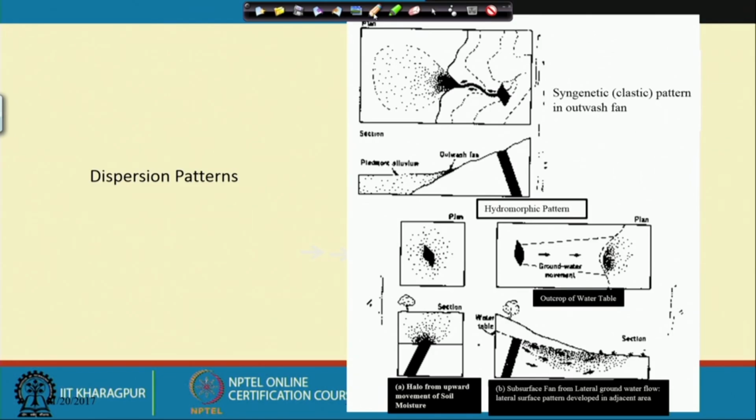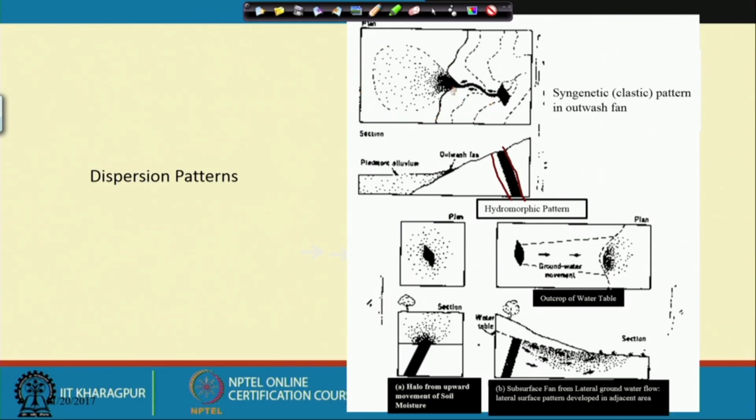In this particular figure, one is shown in plan view and the other in section. This black body represents the hidden ore body on a sloping surface, and these dotted curves are the contour lines, showing a normal weathering process by which the ore body is getting weathered.